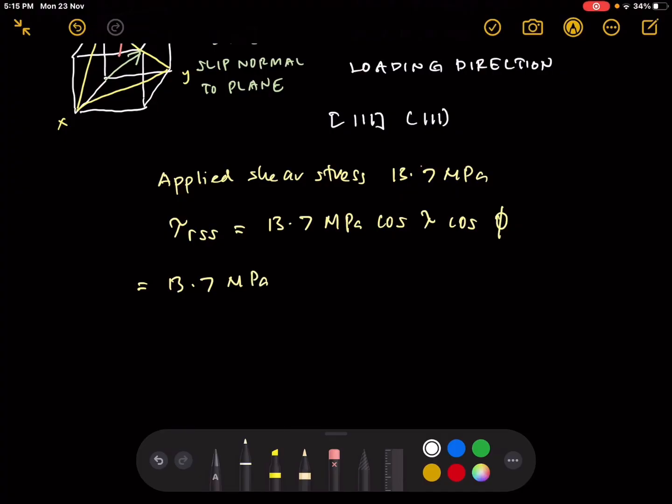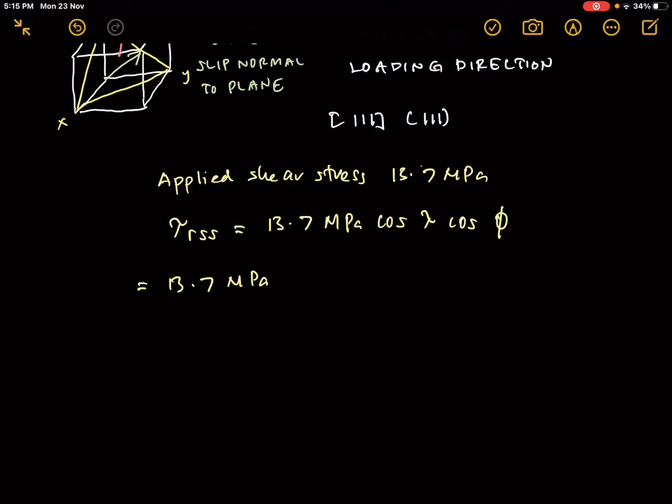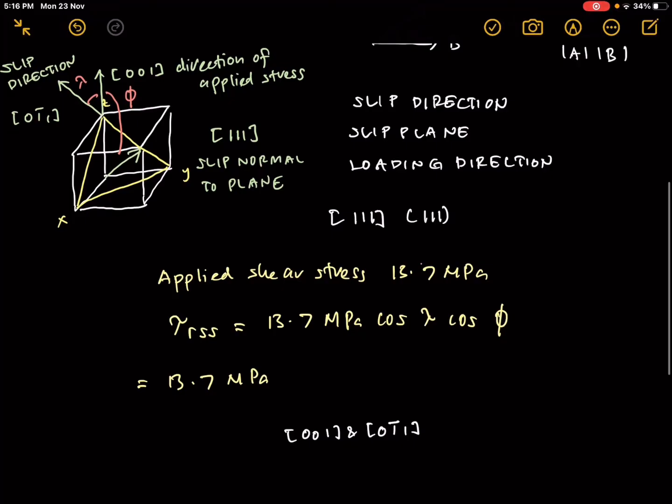Okay, so now we need to find the dot product between [001] and [01-1]. So we need to find the dot product between the slip direction and the direction of the applied stress.